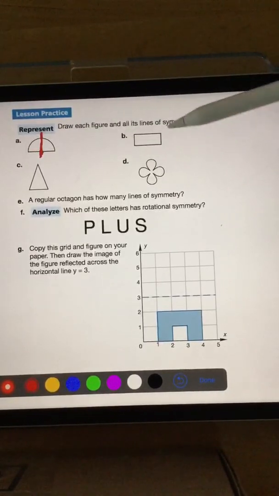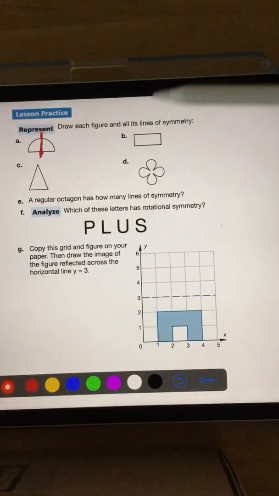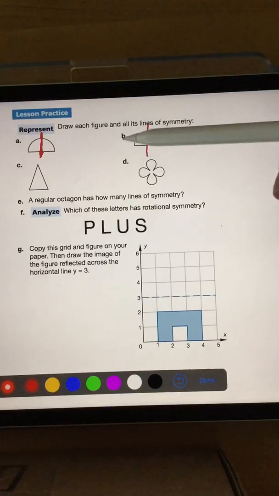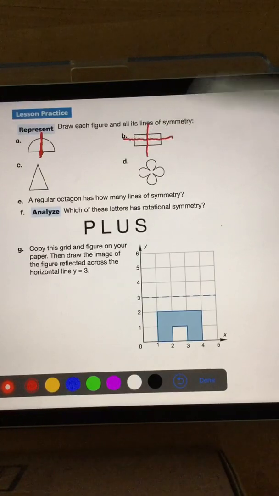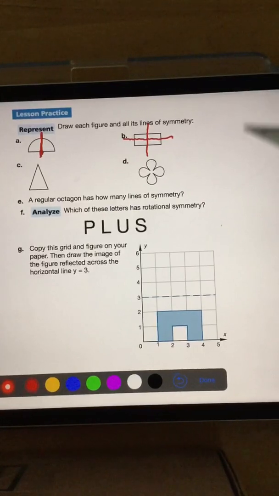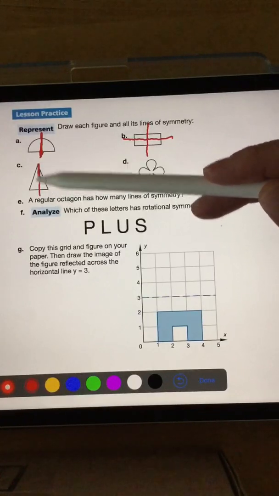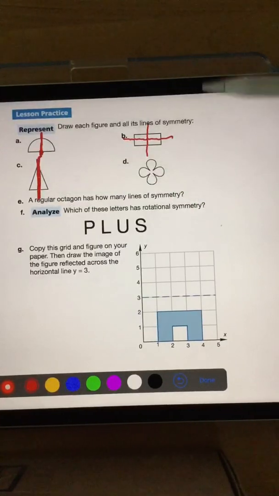When I look over here at B, I have 2 lines of symmetry, right? 1 and 2. I'm sorry, my lines are not that beautiful. Then on this triangle, I could go right down the middle, right?